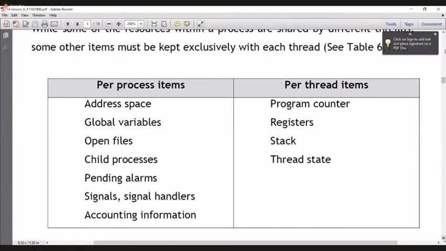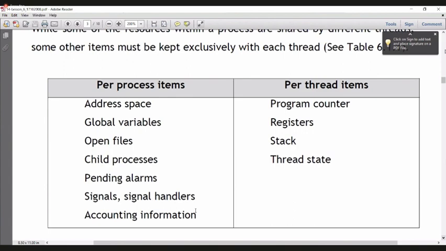The process items are the address space. Within memory, remember we allocate certain space for a process during process creation. So when you create a process, you allocate the address space, global variables, open files, child processes, pending alarms, signals and signal handlers, and accounting information.